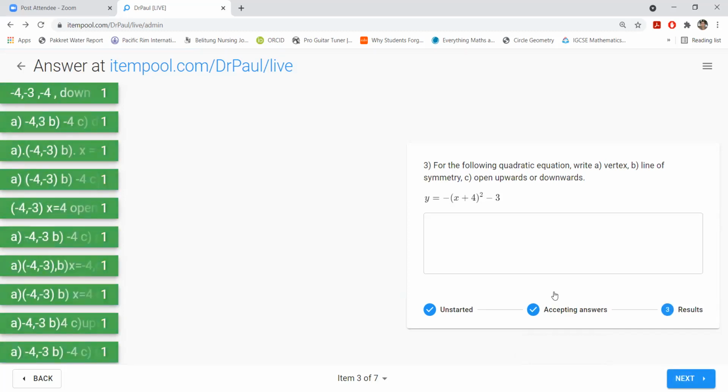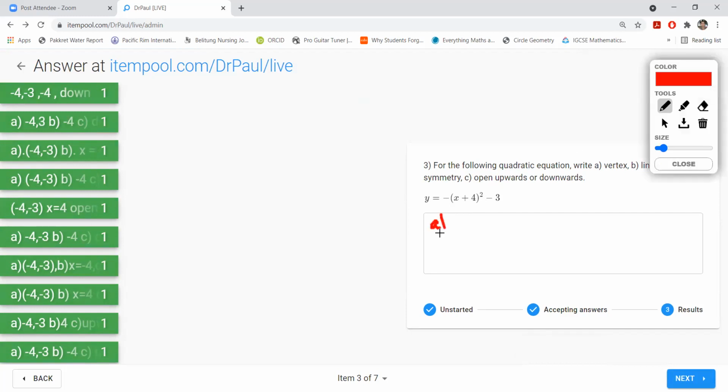So -4, -3. So this looks okay. Opens down. So let's write out the answer because I want to do one more quick. So a, your vertex is going to be -4, -3. So x minus -4.